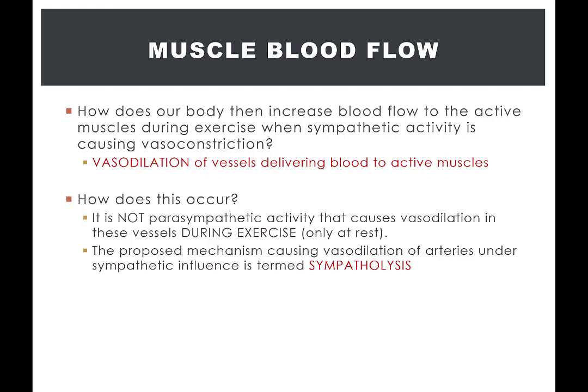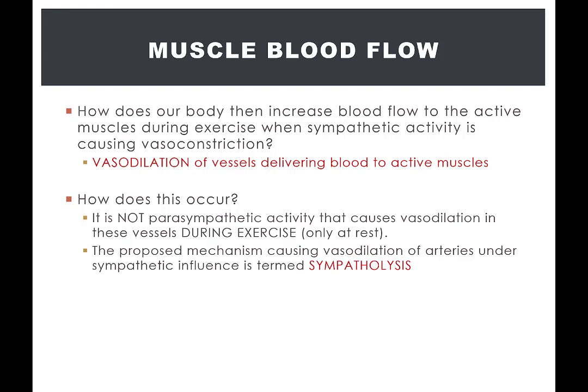So what causes vasodilation of arteries surrounding active muscles during exercise when all arterial vessels are under sympathetic influence? The proposed mechanism is called sympatholysis. Now, if you break this term down, remember lysis means breakdown, and sympatho is referring to the sympathetic influence.